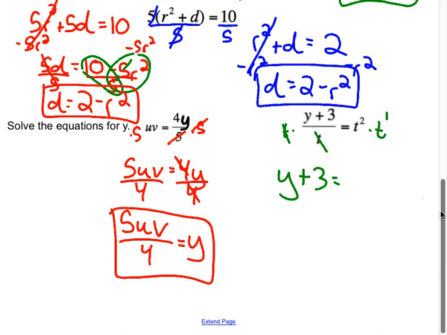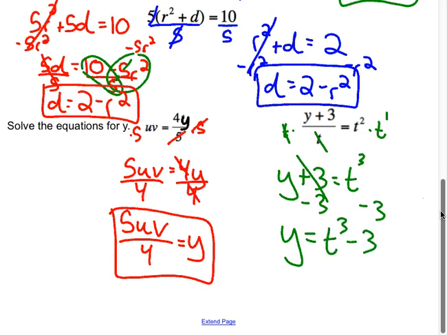Well, this is a nice little review of rules of exponents. Remember, when you're multiplying two things like that, you can add their exponents together. So that's actually just t cubed. Now, my goal is still getting y by itself. Now I subtract that 3. Remembering that t is a variable, 3 is just a normal number. Those things in no way, shape, or form combine. So I leave it like that.